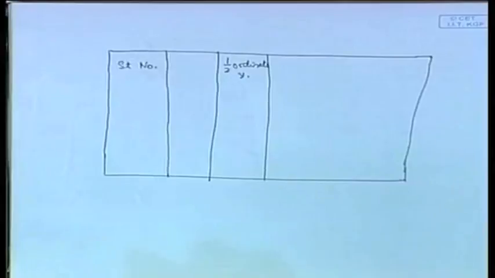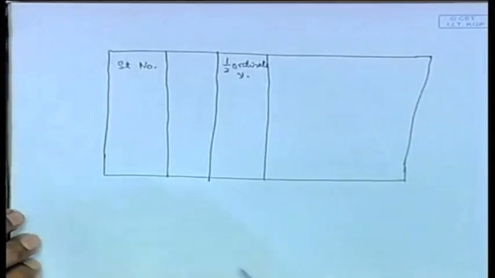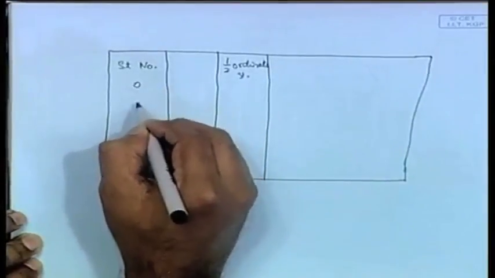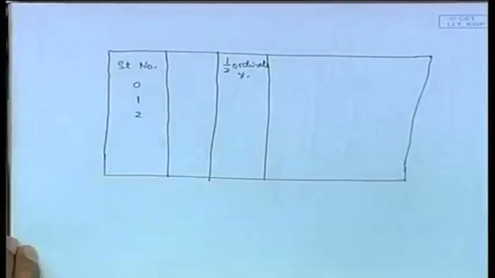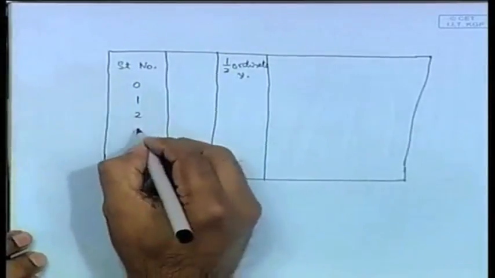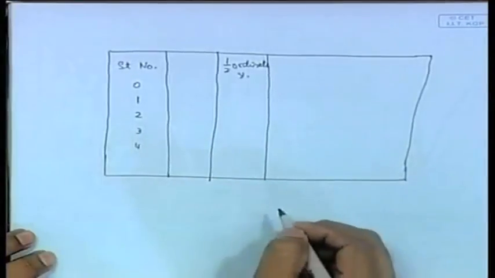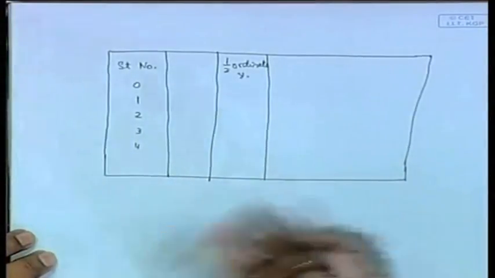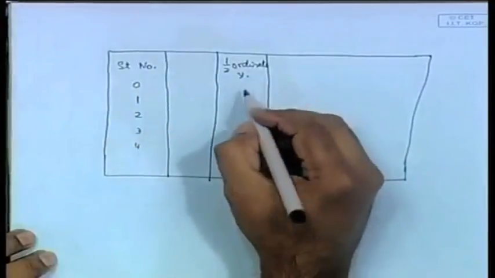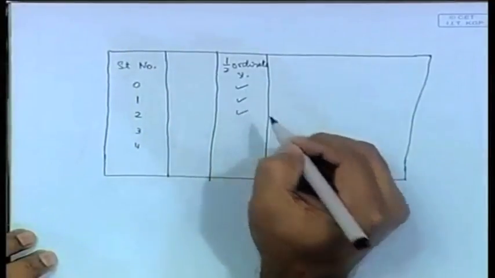You are given a table which gives you these details, the station numbers, like this. You are given the different station numbers, you are given the half ordinates, which means y, this distance. You are given the different half ordinates.